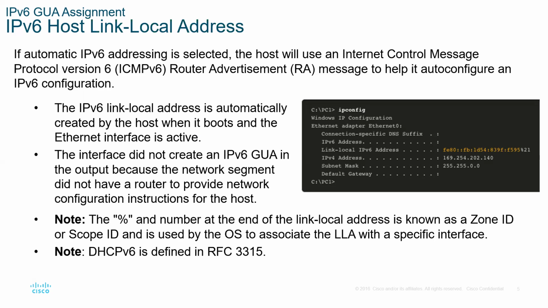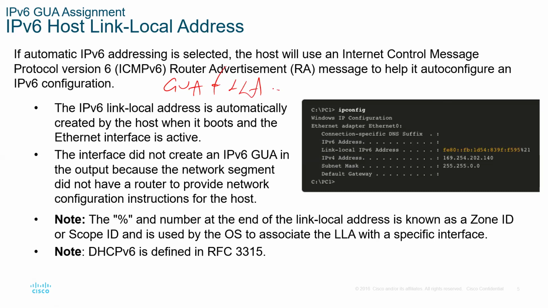When we did module 12 of CCNA 1, we discussed a host having both the GUA and the link local address. So every host, with respect to IPv6, has two addresses. We have the GUA and we have the link local addresses.